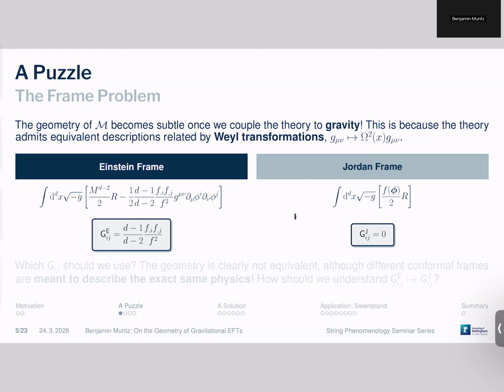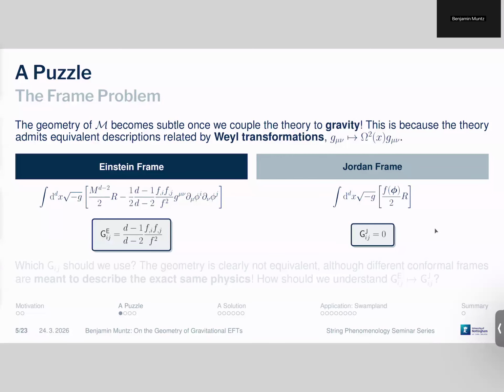And then what I would call the Jordan frame is where the kinetic terms completely go away, but the kinetics of the scalar field is hidden away inside this non-minimal coupling, which I call F. If you stare at the two actions and read off what this field space metric, G_ij, is, you notice that they give different results. In Einstein frame, we get some general positive function, but in the Jordan frame, it's completely vanishing.